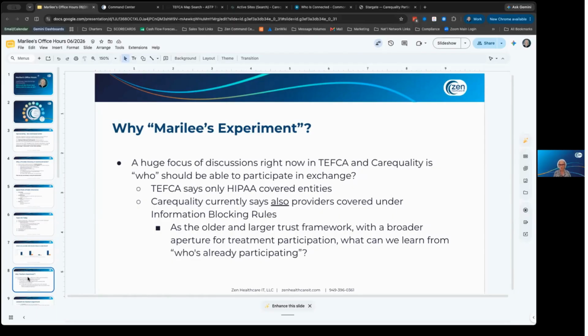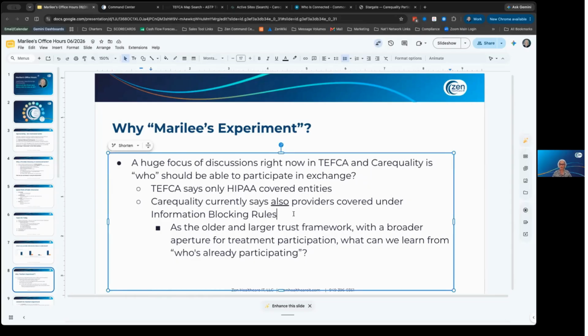Very specifically, TEFCA calls out HIPAA covered entities. And what some of you may not know is that Carequality predated TEFCA and didn't have specific language around the definition of who could participate under HIPAA.